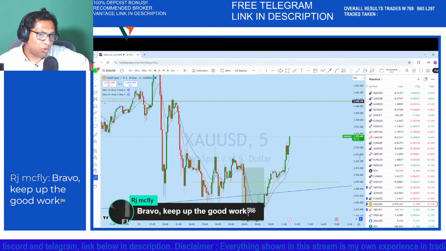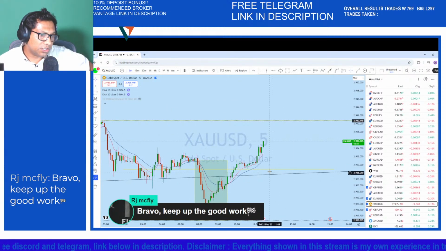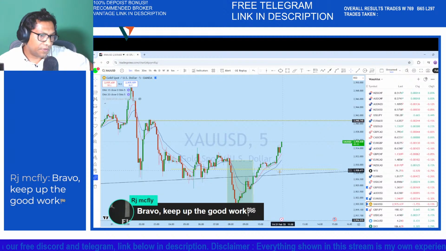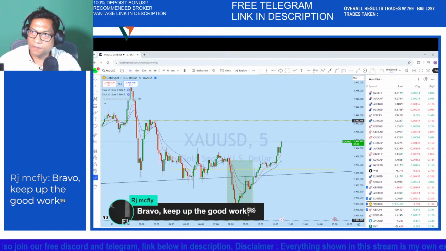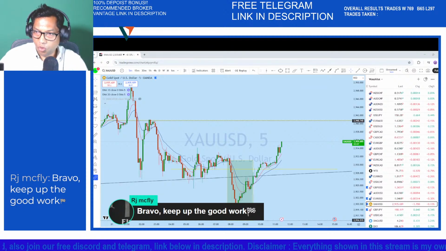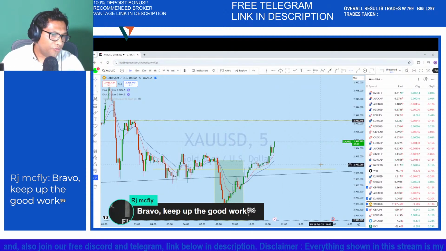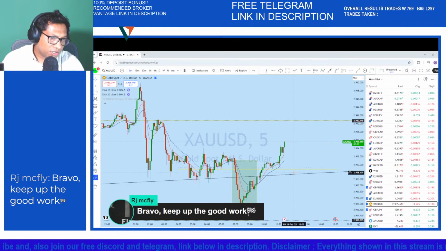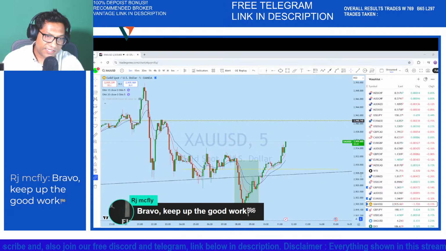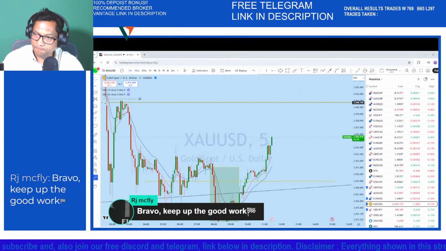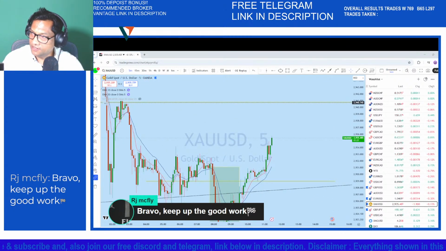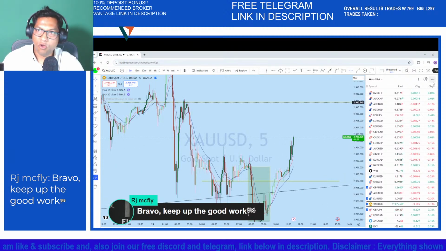Currently you can see it's still showing an impulse to the upside. For us to find an entry, we would like to see a deeper pullback, and then we will be placing the pending order like we do every single day. Once we see that the market has confirmed us, then we will be jumping on the trade.